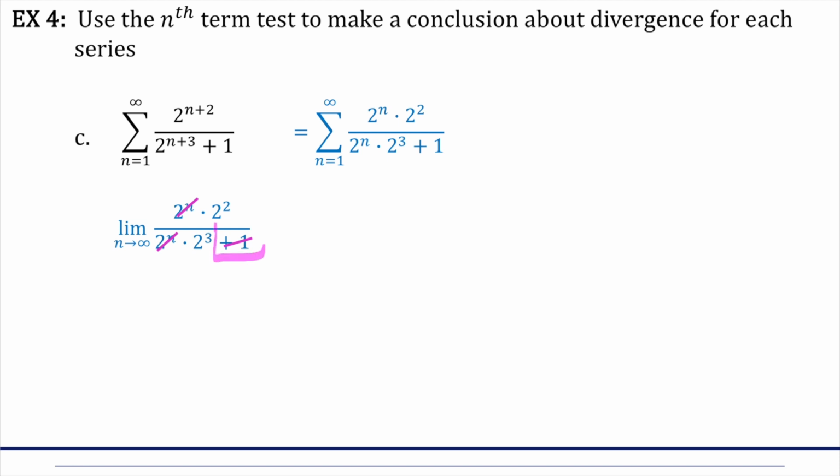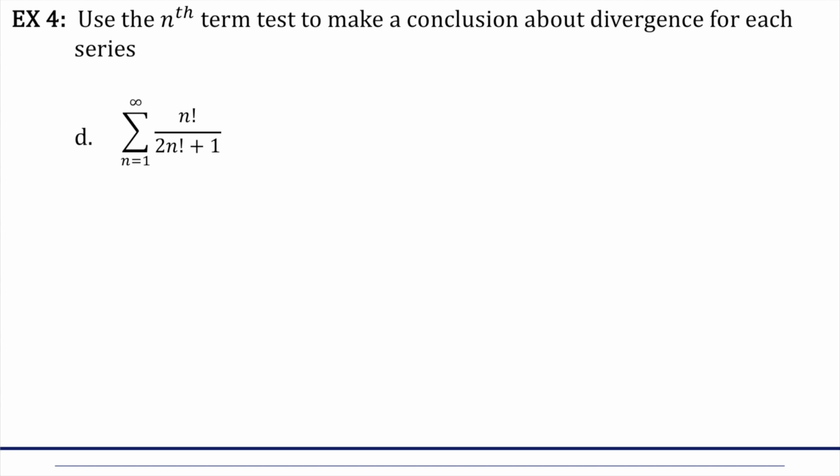Now, why did I also cross out this plus 1? Well, you can imagine, as you're going to infinity, like huge, huge numbers, a plus 1 isn't going to really matter much. So we'll just not worry about it. So this goes to 4 over 8. That's not 0. So this series diverges by the nth term test.